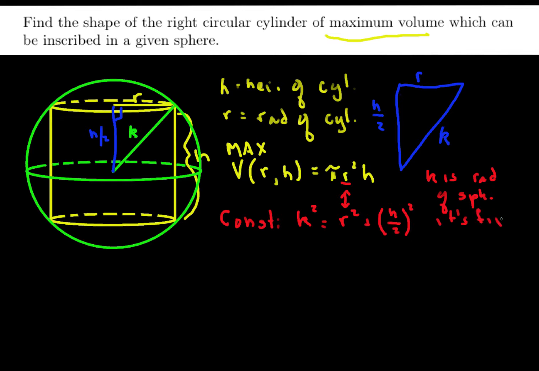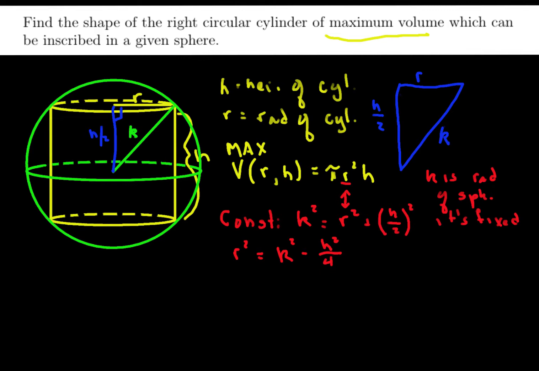I don't know what it is, but k is a constant. So I can solve for r squared. r squared is equal to k squared minus h squared over 4.